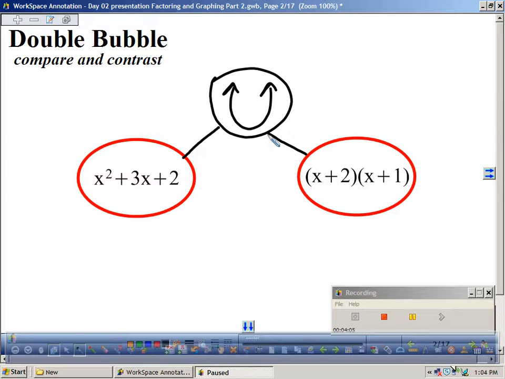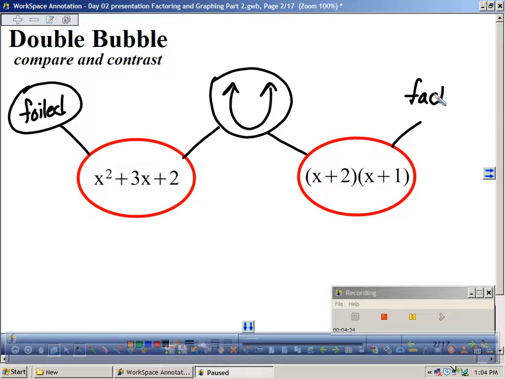They're just in different forms. This one has been FOILed, or multiplied. And this one has been factored.